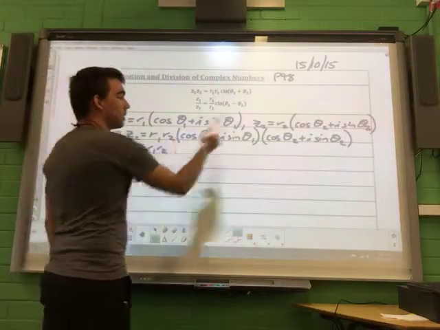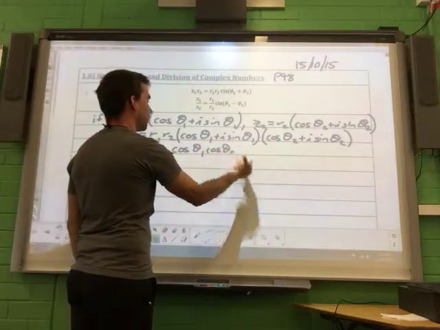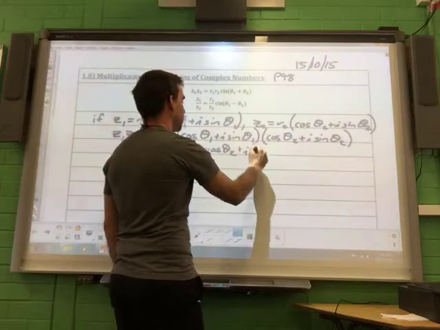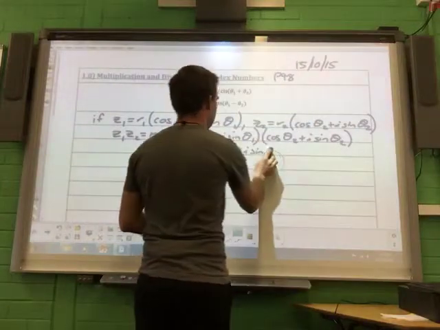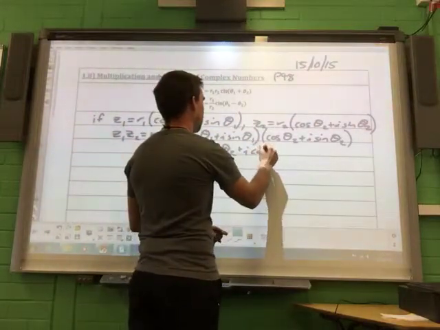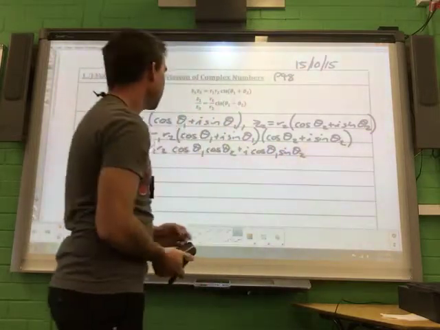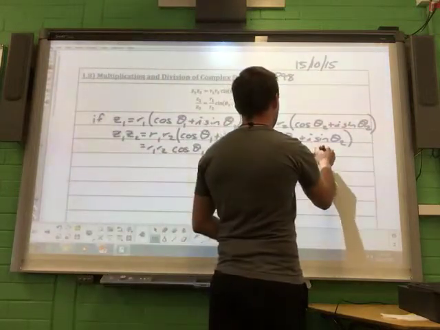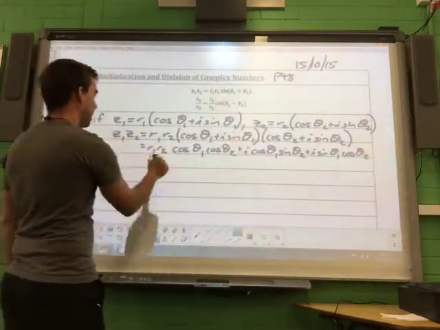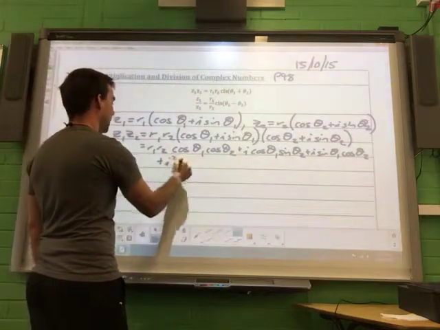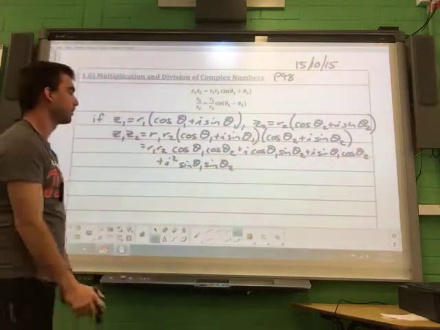r1 r2, so we've got cos theta 1 cos theta 2, plus i cos theta 1 sine theta 2, plus i sine theta 1 cos theta 2, plus i squared sine theta 1 sine theta 2.